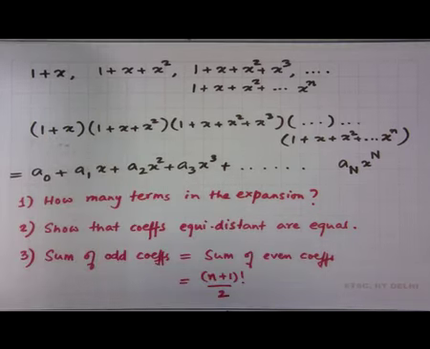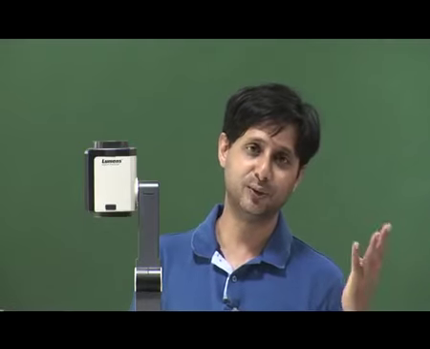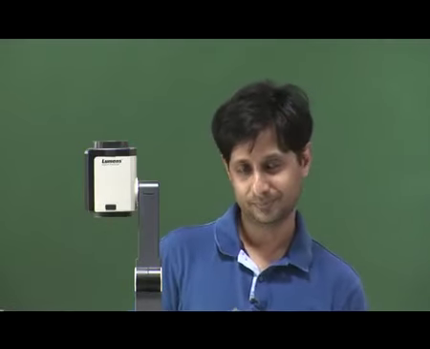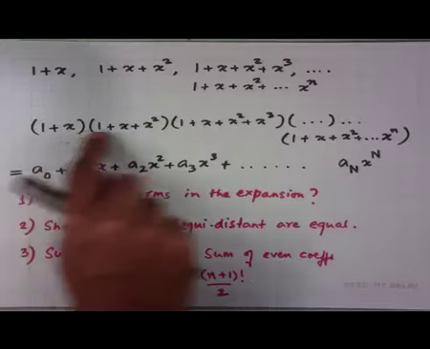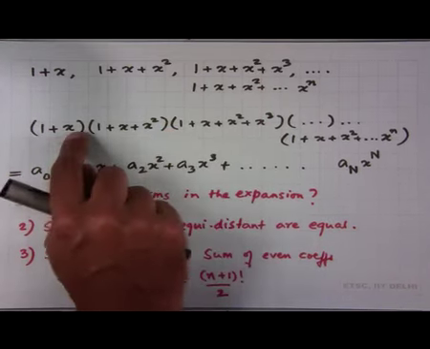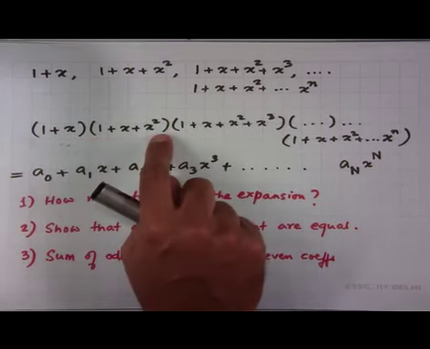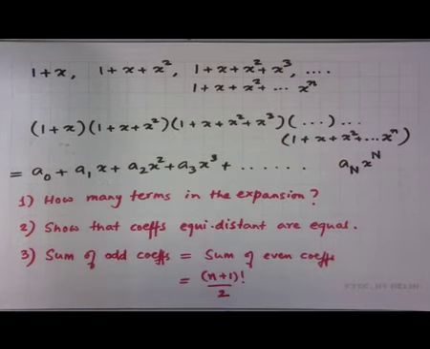So, I will get x cube, x squared, x and 1. So, 4 terms, right. So, it is basically 2 plus 3 minus 1 gives me 4 terms. Is that okay? All right.